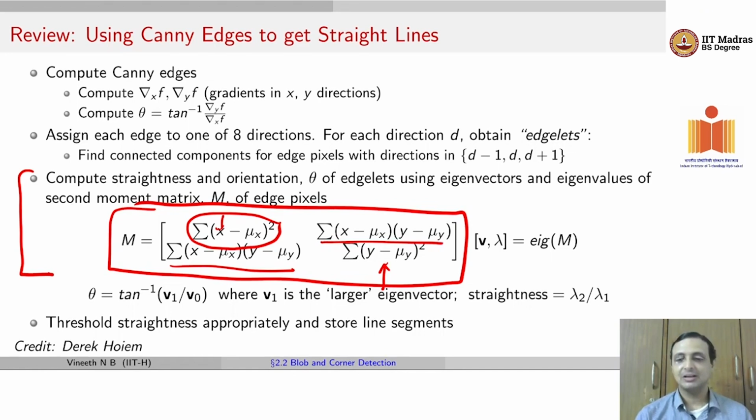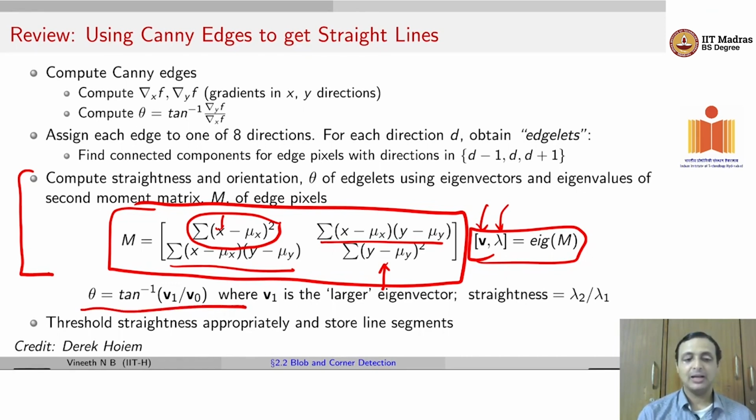Once you have this, very similar to how principal component analysis happens, we take the eigenvectors and eigenvalues of this second moment matrix, and remember, the eigenvector corresponding to the largest eigenvalue will give you the direction of the maximum variance among these pixels, and that's what we are looking for at this time. So we finally decide that the orientation of the edgelet is going to be given by tan inverse of V1 by V0, where V1 is the larger eigenvector. By larger, we mean the eigenvector corresponding to the larger eigenvalue.